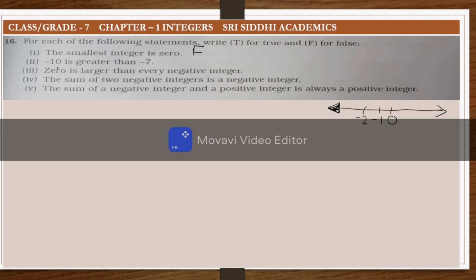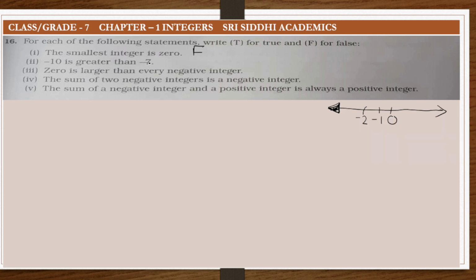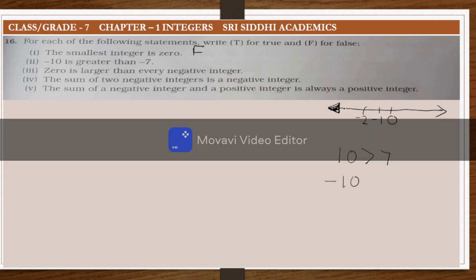Now question number 2 says -10 is greater than -7. Is it true? No. Positive number 10 is greater than 7. But -10 goes further left in the number line. If you go like this, -10 comes much later. So as we know, as we move further left, integer value keeps on decreasing.